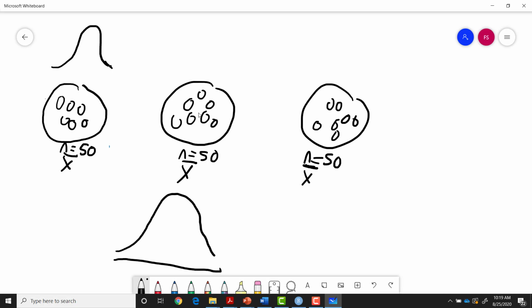Then if I plot all these x bars, I do a histogram and draw a curve all over it.